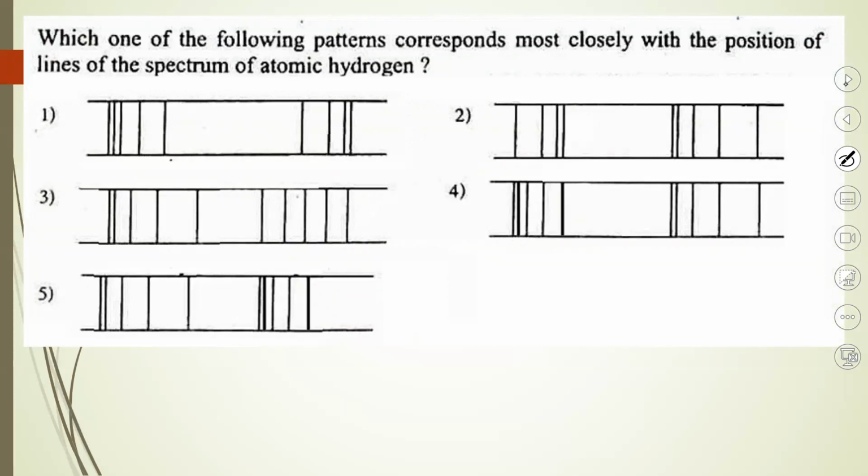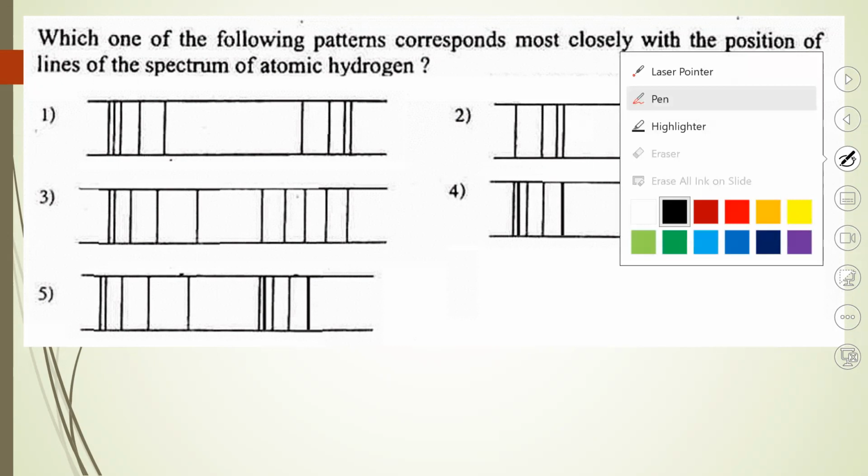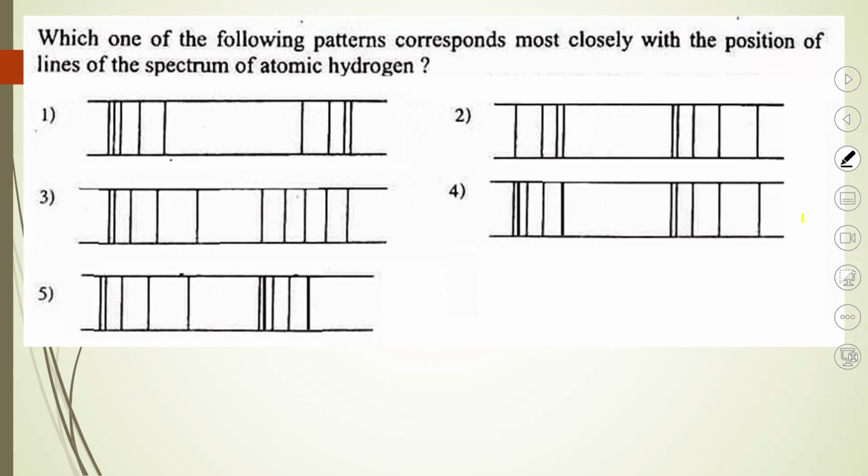Which of the following patterns corresponds most closely with the position of lines of the spectrum of atomic hydrogen? How can you identify the correct one? I think you may be able to find the most incorrect ones quickly.